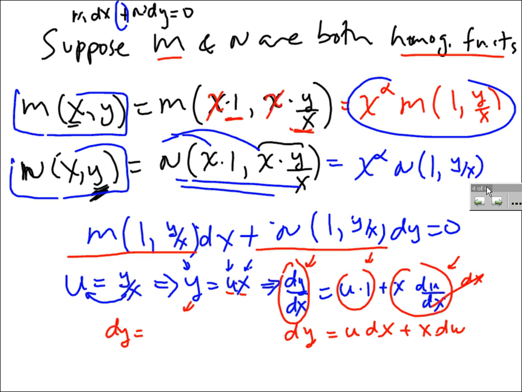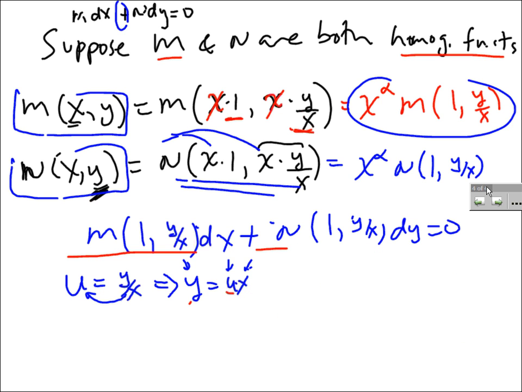And here I have a product, so first I'll take the differential of u, I get du, times the second factor, x. Plus, now I'll keep u, and I'll take the differential of x, which is dx. That should be exactly what I have. So let me write that down right here. We have that dy is u dx plus x du.